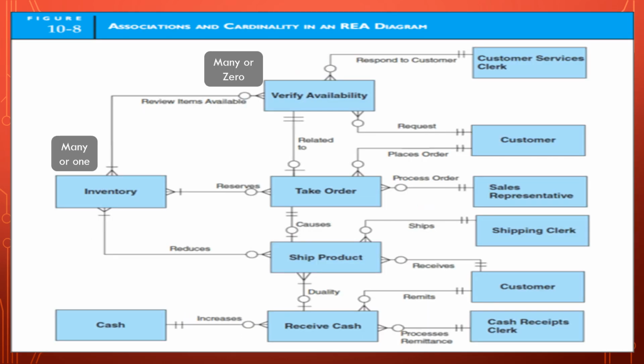Okay, so we have this diagram here explaining the association and cardinalities in the REA model. Let's take the example of a customer order. Starting from the customer, who will place a request to check availability, this is the event.